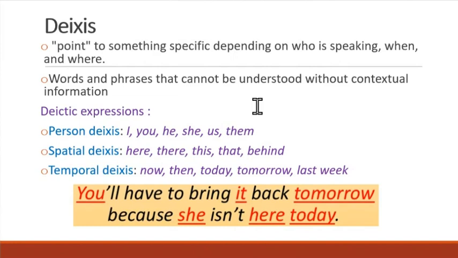Okay, for example, we have three types of deictic expressions: personal deixis, spatial deixis, and temporal deixis. So personal deixis refers to subject pronouns or object pronouns where we don't know who exactly the person is.